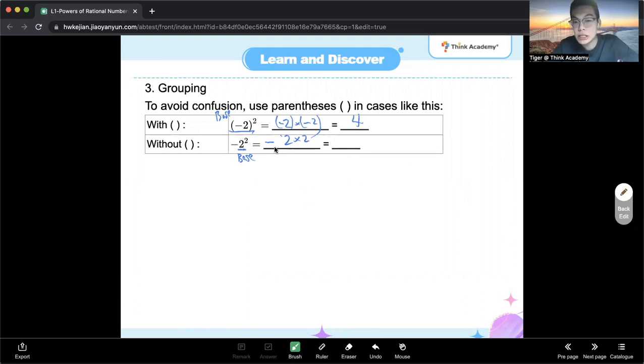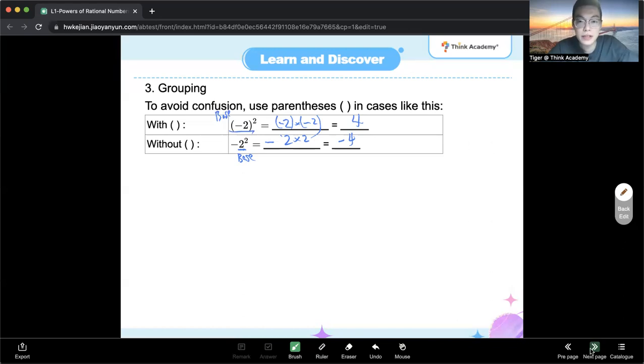So we have -2 squared, which is 4, and with a minus in front of it, because the minus is disregarded from the base without the parentheses. Okay, so this is something that you need to pay 200% attention to, because it's super easy to make a mistake when we have some parentheses involved in the negative numbers and powers. All right, so this is what I hope you can all learn from this lesson today.